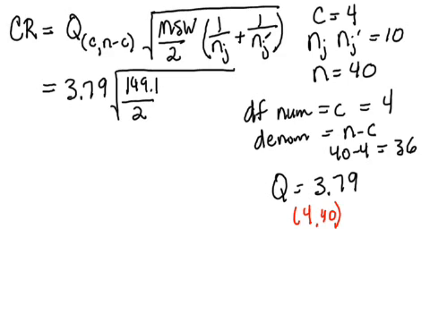We always divide that by 2. And in this problem, we are only comparing groups of size 10 each. So we have 1 over 10 plus 1 over 10.